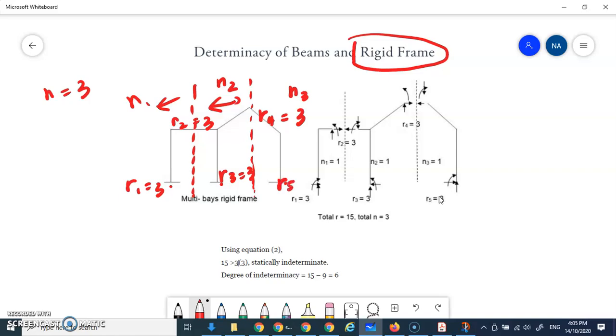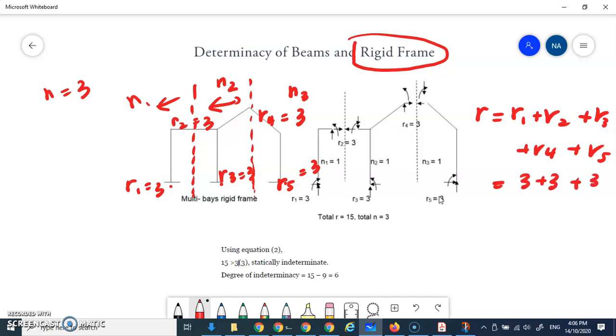And R5 will have 3 reactions. Then we calculate the total number of R, which is R1 plus R2 plus R3 plus R4 plus R5 is equal to 3 plus 3 plus 3 plus 3 plus 3 is 15.